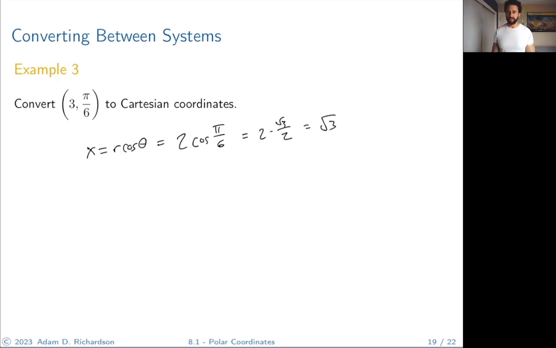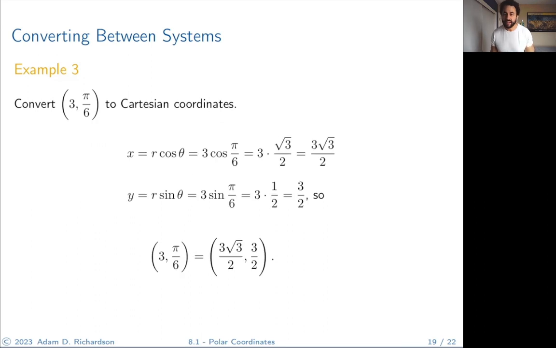That's the x coordinate of our point. Now let's do the same for y. Y equals r sine of theta, which is 2 times sine of pi over 6, which is 2 times 1/2, which is 1. So in Cartesian coordinates, this is the point root 3 comma 1. And now that's how we convert.